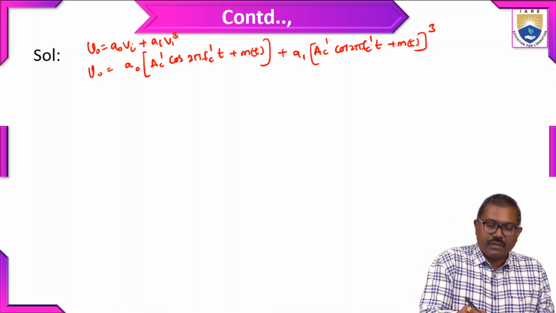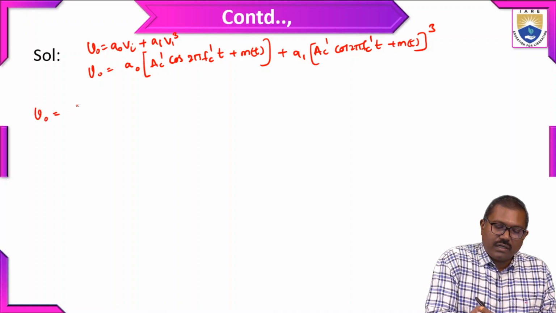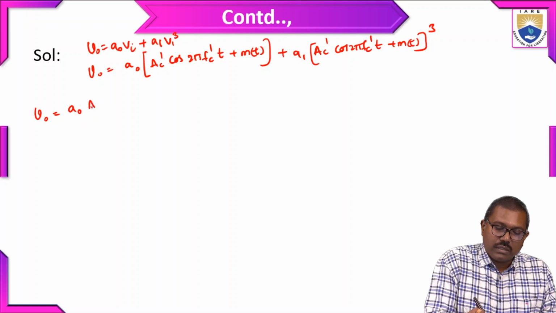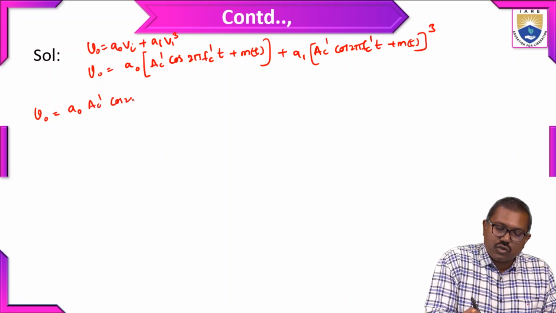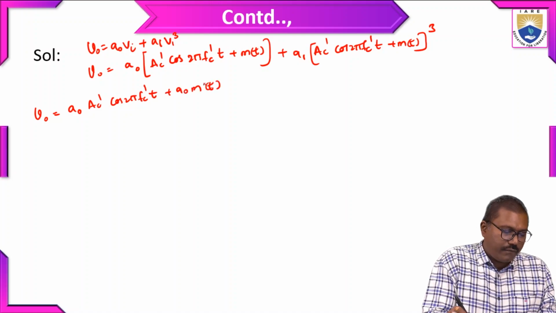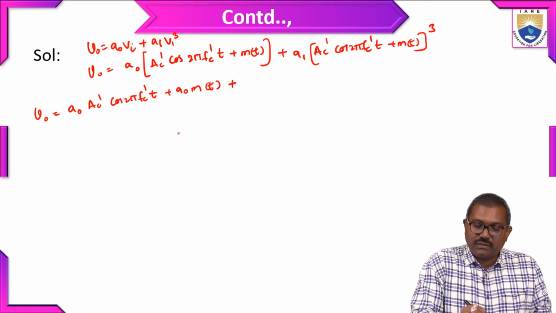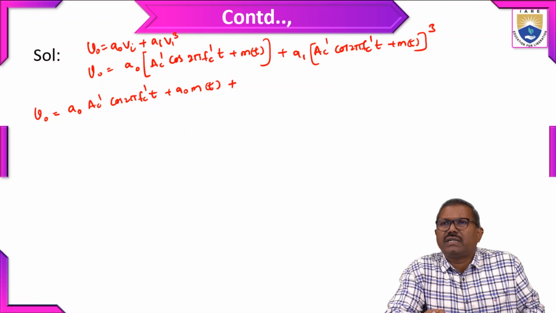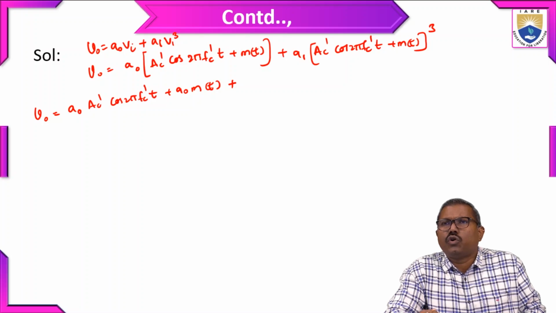Okay. So V naught is equal to A naught AC dash cos 2 pi FC dash T plus A naught M of T plus, here coming to the second part, A1 into A plus B whole cube.